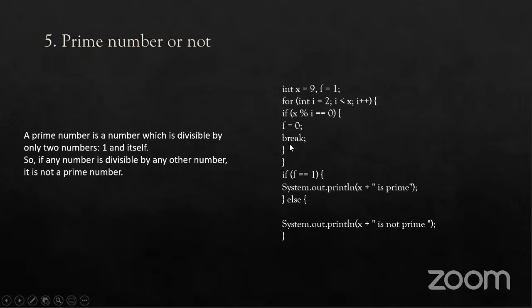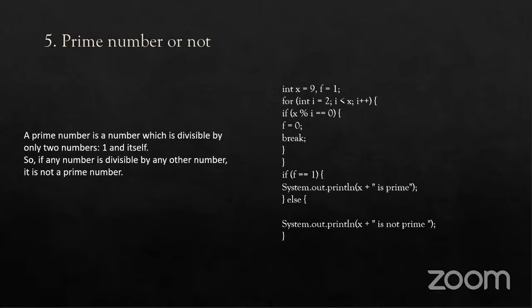Here, break is a keyword in Java. It will break the loop in a particular condition. If a condition is true, it will break from that loop. There are two keywords in Java, break and continue.